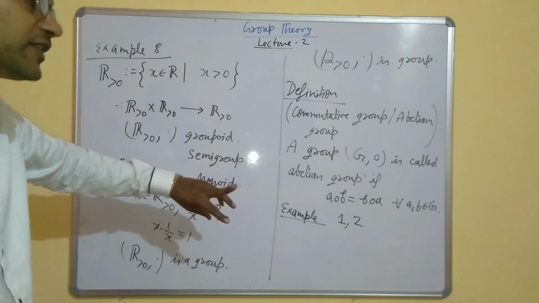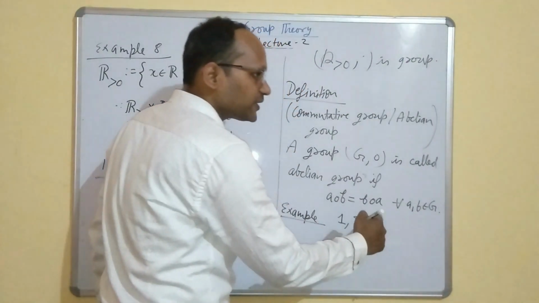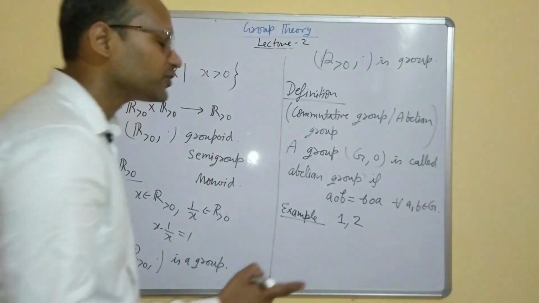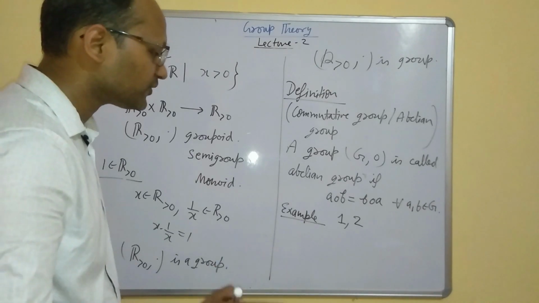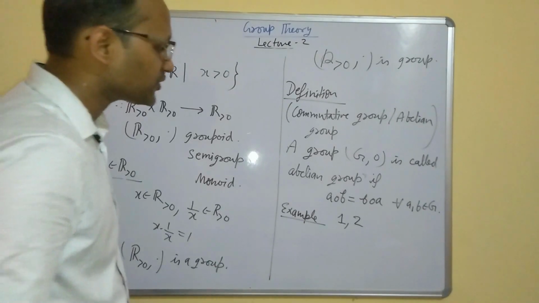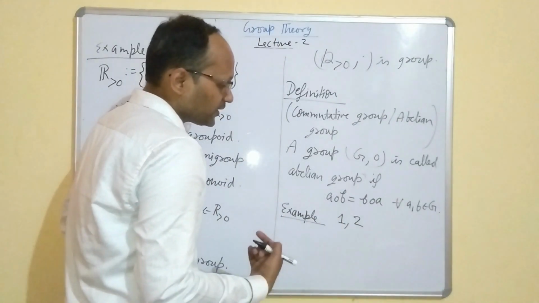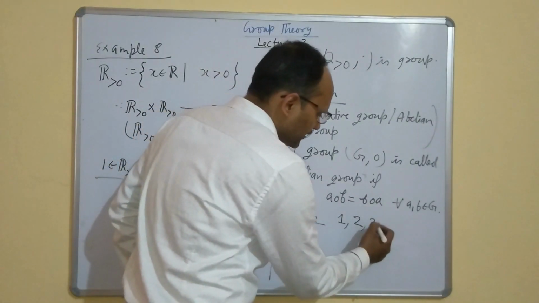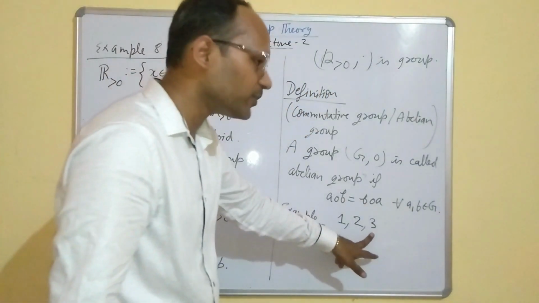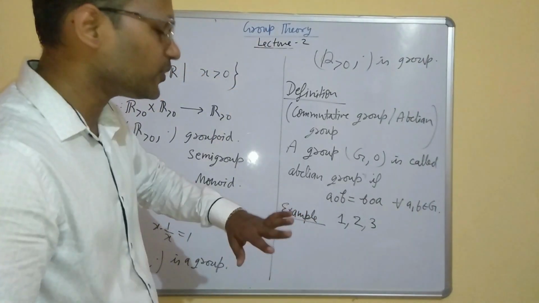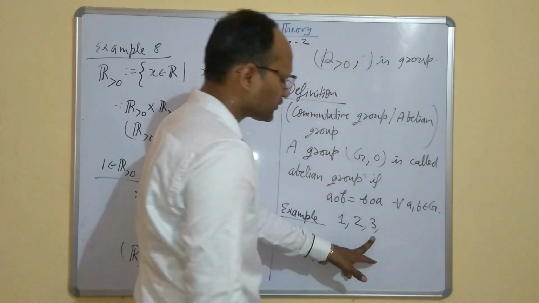In example 2 we have taken Q star, R star, and C star with respect to multiplication, and multiplication of numbers is always a commutative operation, a into b is equal to b into a. Then in example 3 we defined the circle group S1, which is again with respect to complex multiplication, and complex multiplication is commutative. So this third example was also an example of an abelian group.